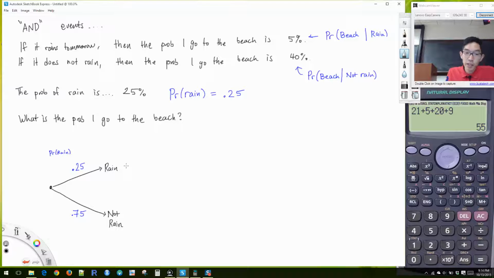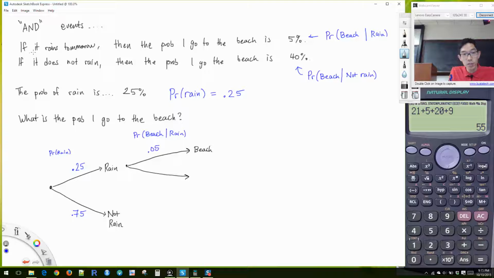And if it does rain, might I go to the beach? Yes, I might. What's the chance I end up going to the beach? 0.05, so this is the probability of beach given rain. Can you explain that again? Yes.